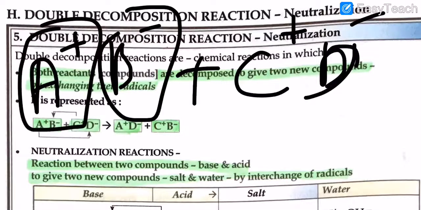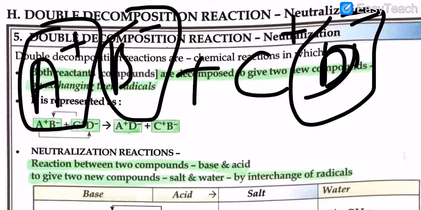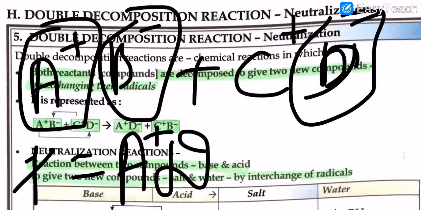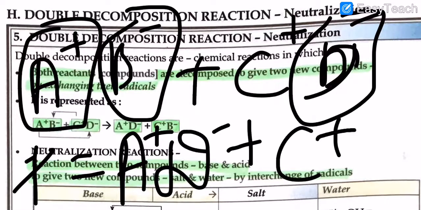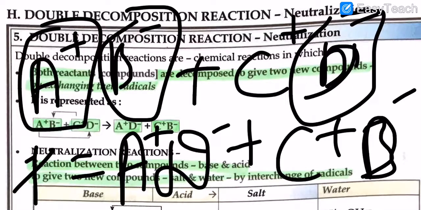A plus is changing, and it is basically displacing, equals AD. So that's A plus and D minus, plus C plus and B minus. The plus sign always comes first, right? So basically you're exchanging your radicals, and this is your final outcome.